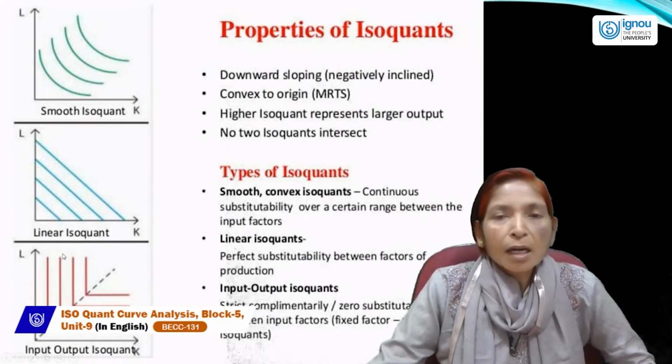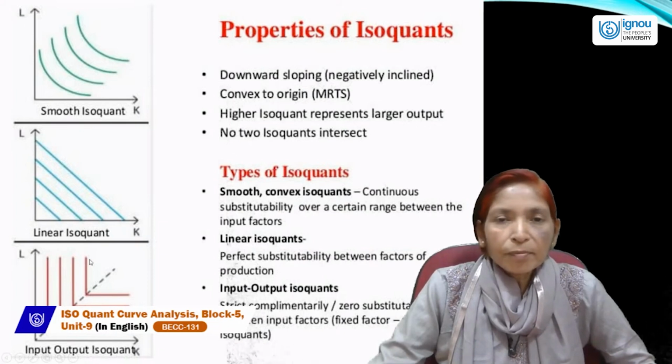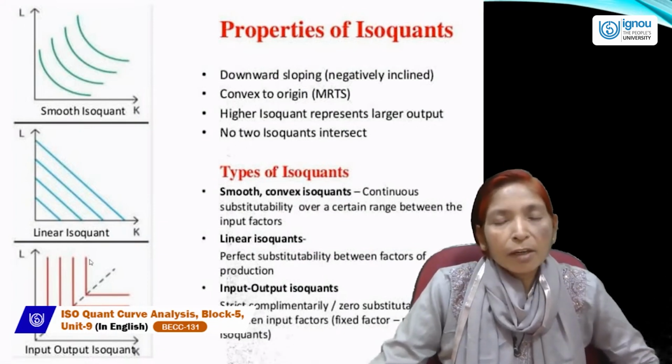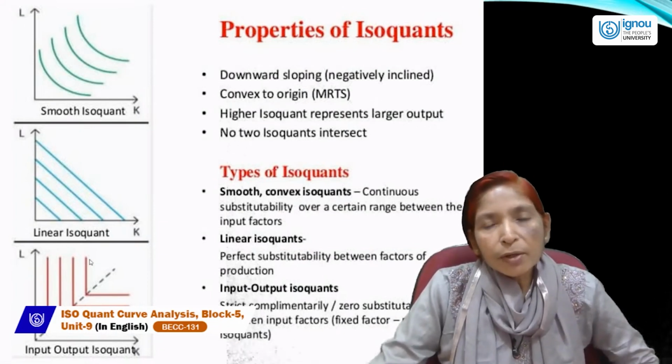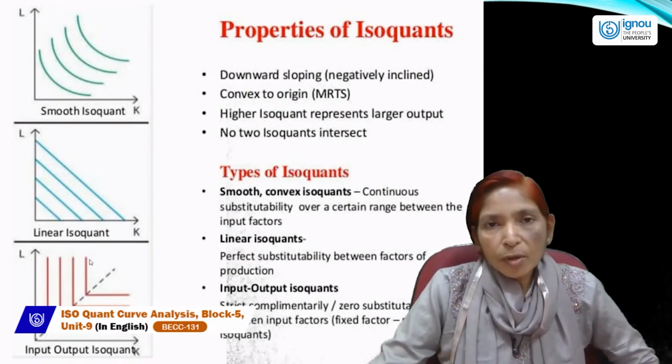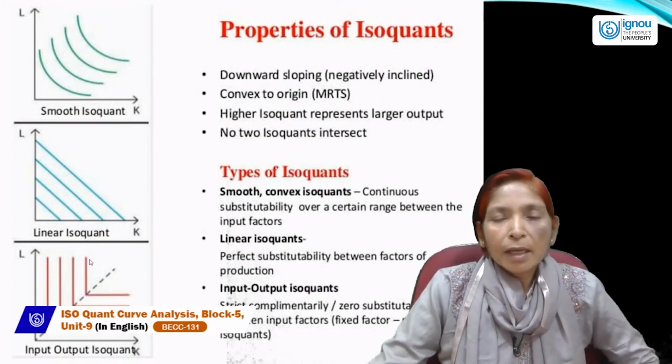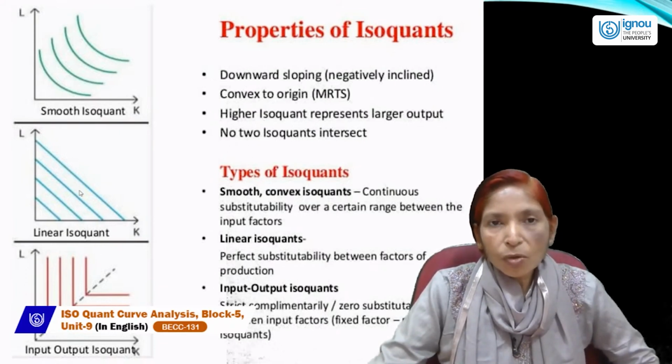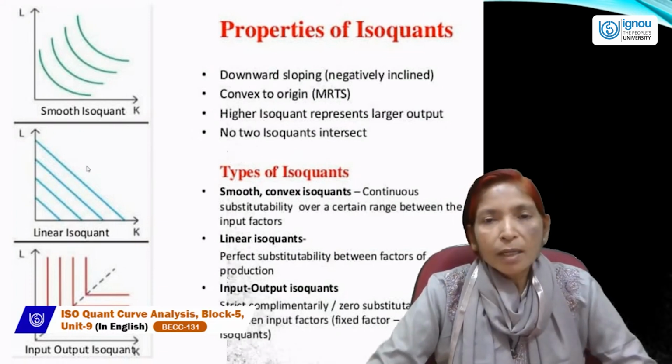In this case, the isoquant curve will be an L-shaped curve or 90-degree angle. So if factors of production are complementary to each other, not substitutable, or zero substitutability exists, in that case the nature of isoquant will not be convex, will not be a straight line, it will be an L-shaped curve or 90-degree angle. So these are different types of isoquant curves.